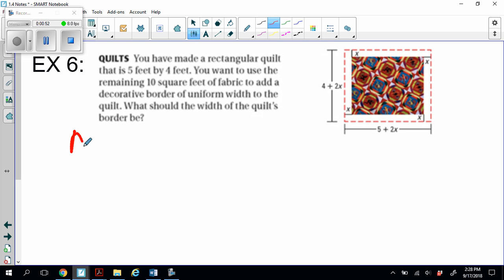So we have the area of the border, which is in the dashed line, right? And in order to figure out this here, we're going to set it equal to basically the total area. Well, the total area is the area of our quilt and of the border.